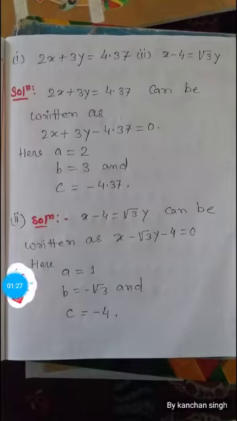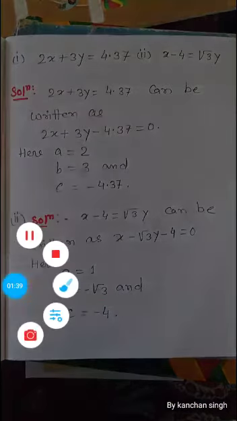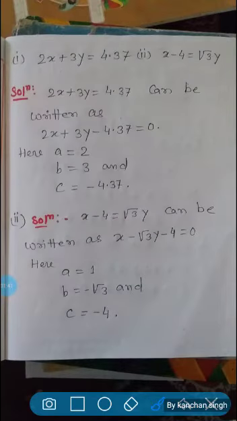Now see the first example here. 2x plus 3y is equal to 4.37, and another one is x minus 4 is equal to root 3y. In this, what do we have to do? We have to recognize what a, b and c are. Don't you think it is a very funny thing?